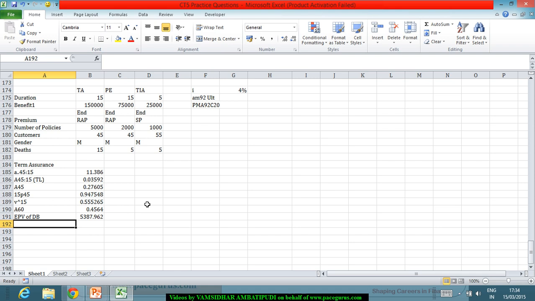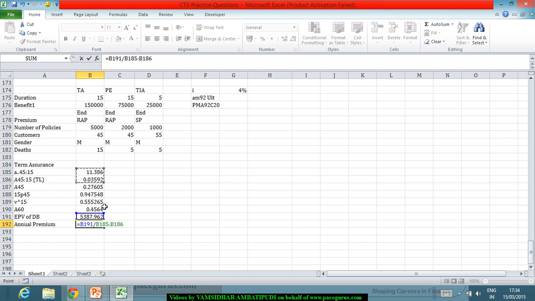So this is what comes out as the expected present value of the death benefit. From here I can try computing the annual premium for the same, which is the expected present value of the death benefit divided by A double dot 45:15. So 473.2093 forms the annual premium in case of term assurance.